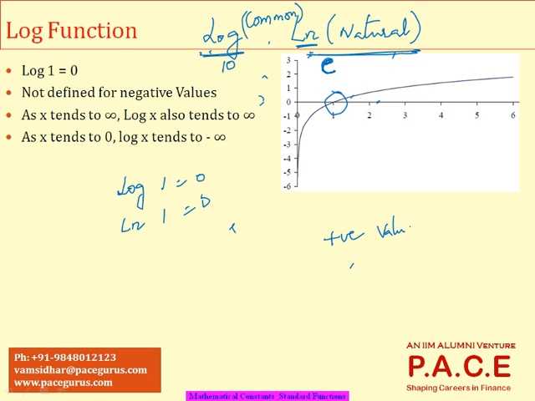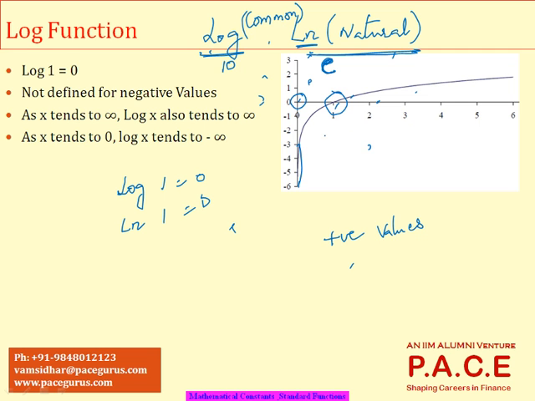So they are not defined for 0 and negative values. Corresponding to x equal to 0, there is no value for the logarithm at all. Even this particular graph will tend to minus infinity, but it will not touch the y-axis at all at 0.